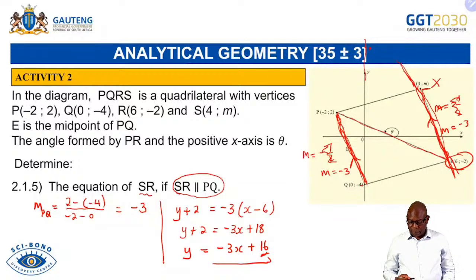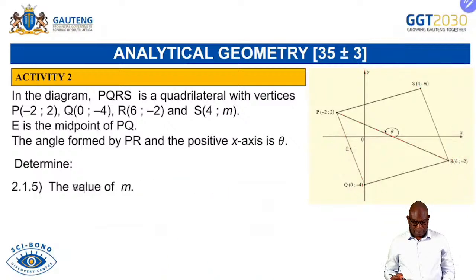All right. Now, obviously, if they've given you that one as M, they will like you to also calculate it. How am I going to calculate the value of M? Isn't it that I know the equation of that line first?